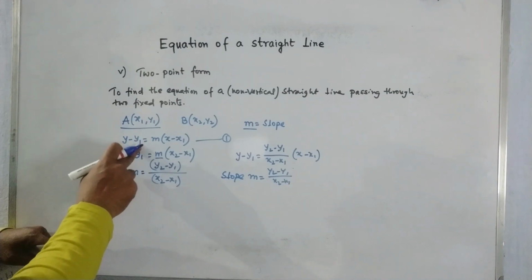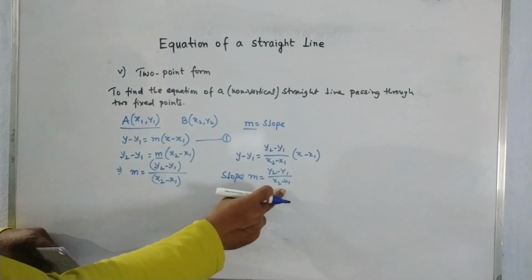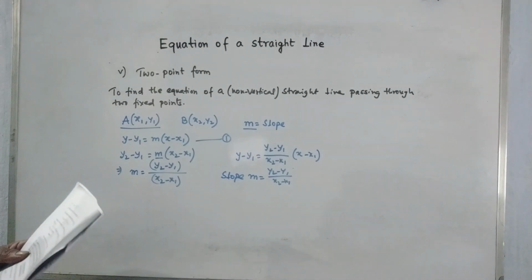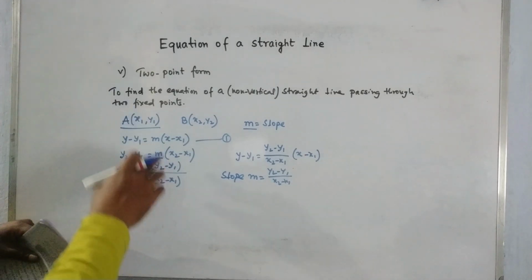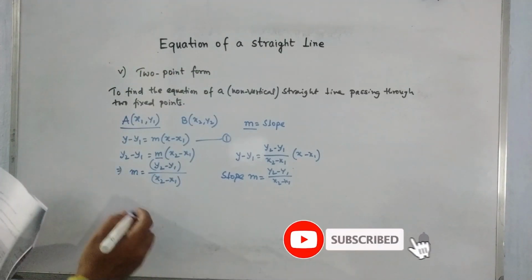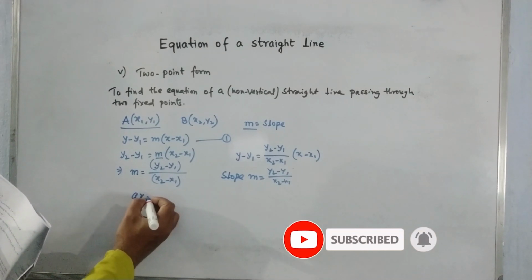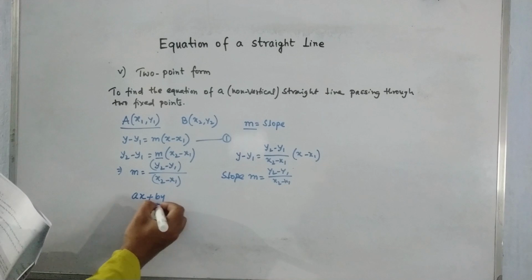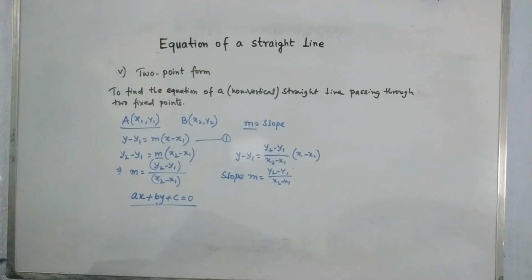Here y minus y1 equals, instead of m, you write the value y2 minus y1 by x2 minus x1. In that way we can write the 2-point form. So we can write the equation of a straight line in that form also, and in the form Ax plus By plus C equals 0. In that form also we can write the equation of a straight line.